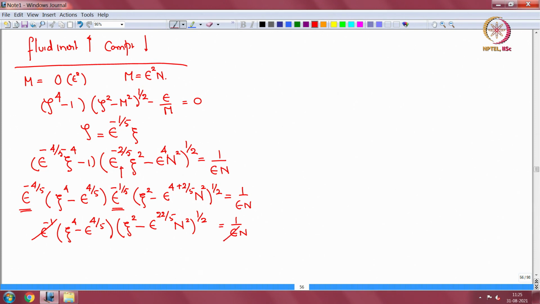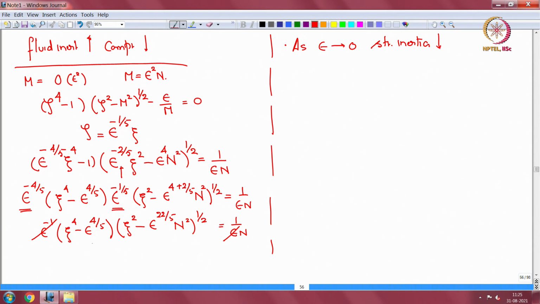Now, as epsilon tends to 0, you can see that structural inertia, term 2, loses its dominance.